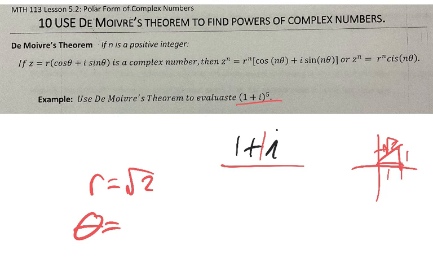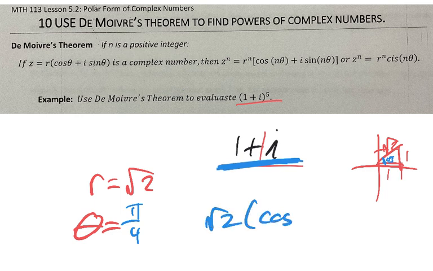What would be my reference angle here? 45 degrees, which would be pi over 4 in radians. Which means for 1 plus i, that form would be radical 2 times cosine of pi over 4 plus i times sine of pi over 4.